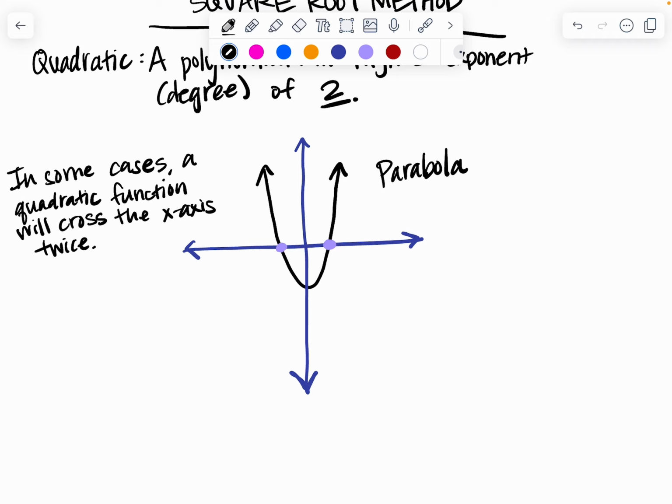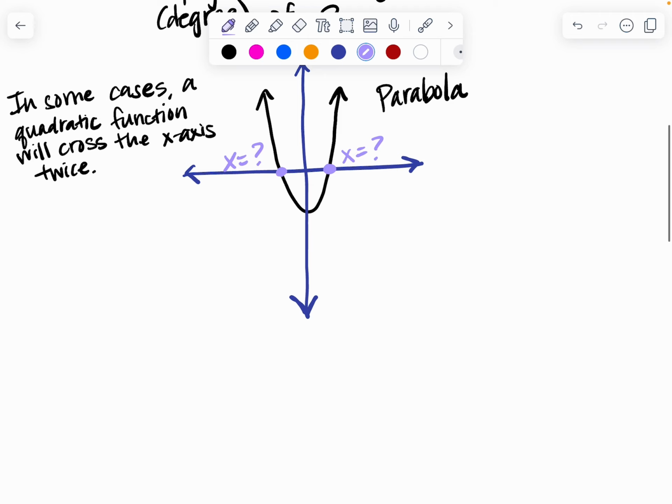So when we're solving quadratic equations, we may get two answers. We'll get x equals that point and x equals that point. So keep that in mind. When we're solving quadratics, you may get two answers. In fact, often you will get two answers, especially in this objective that we'll be practicing.